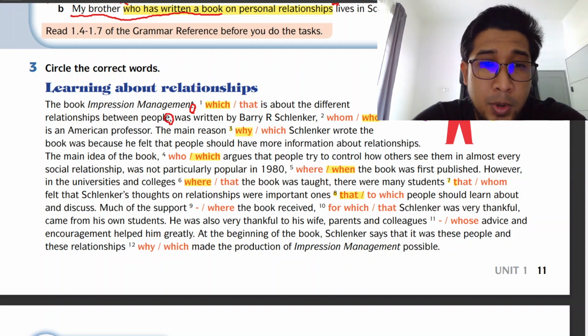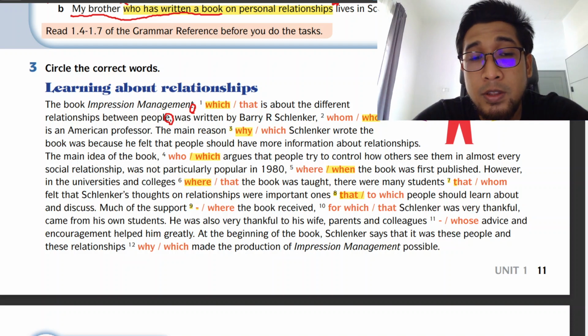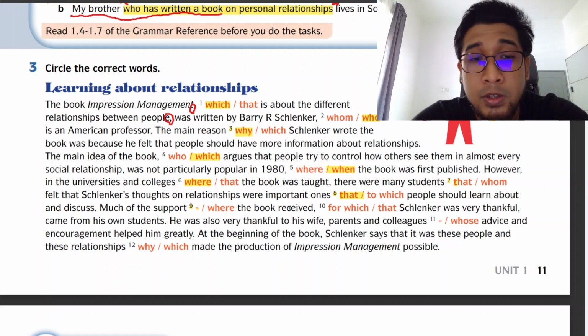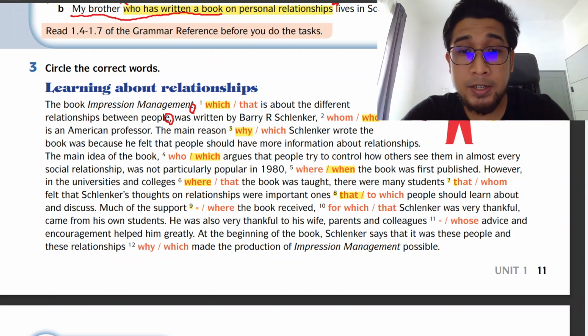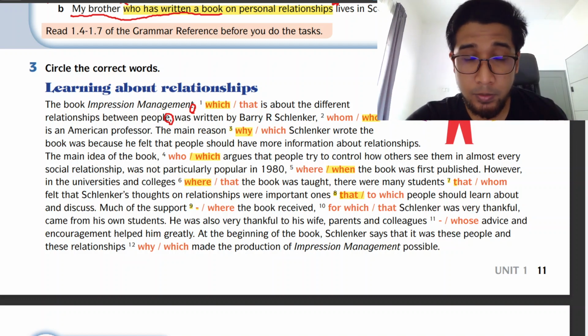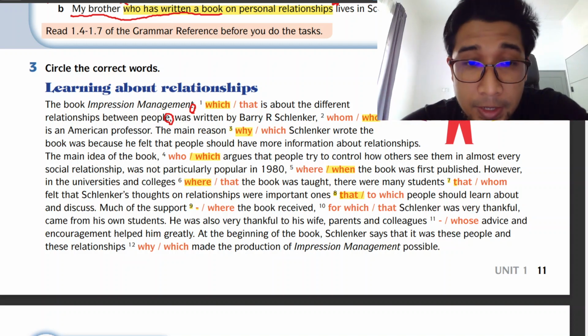Much of the support the book received, tak perlu letak apa-apa kat sini, kosong. Much of the support the book received, sepatutnya ada apa kat sini kalau kosong? Ada that. Much of the support that the book received, tapi kita boleh buang that. Tadi kan kita kata ada 4 relative clause yang kita boleh omit, boleh tinggalkan.